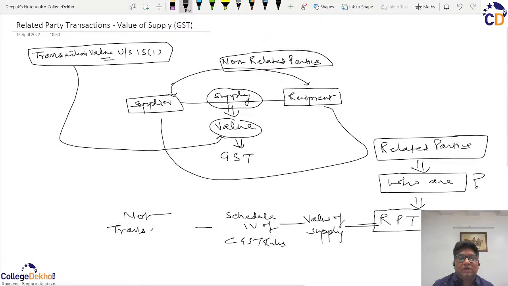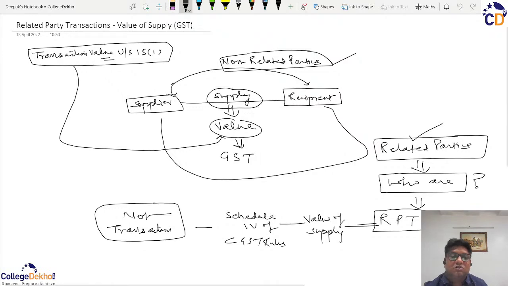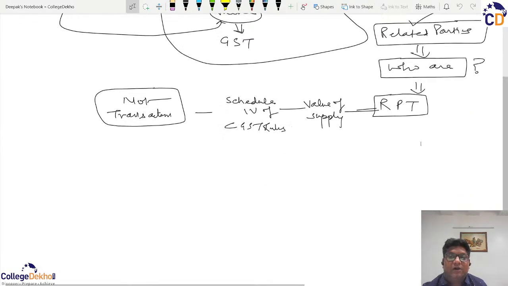So there are two things: whenever there is a supplier and a recipient, we first have to ascertain whether they are non-related parties or related parties. Because if they are not related parties, then we go through the concept of transaction value as discussed earlier. But if they are related parties, then this concept of transaction value will not be applicable. So we have to stress on this concept of related party.